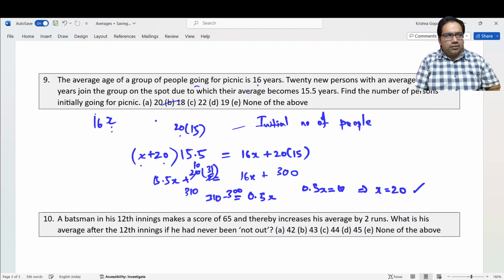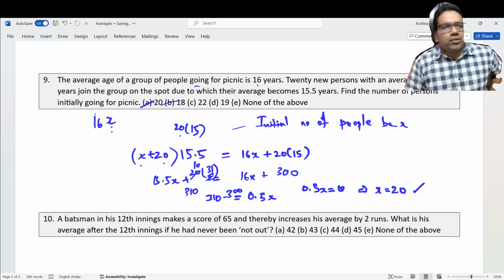What is the 20? x means what? Let the initial number of people be x. That means x equals 20, the number of people initially going to the picnic. It was x plus 20 into 15.5, not 16. We just got confused between years and the number of people.